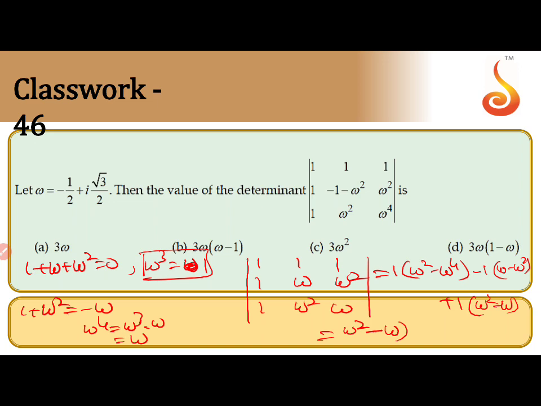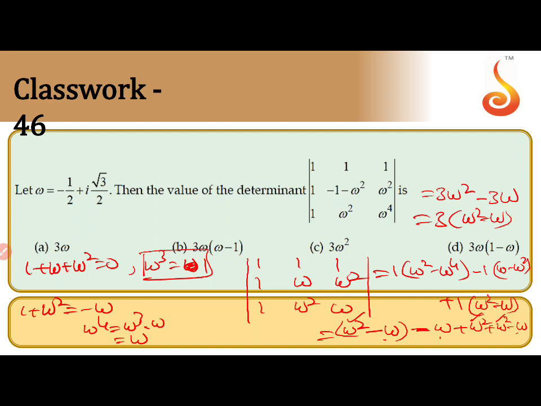Now come to the next one, omega square minus omega. Here, minus omega plus omega square minus omega. How many omega squares are there? Three omega squares. How many omegas? Minus 3 omega. So 3 common, omega square minus omega.